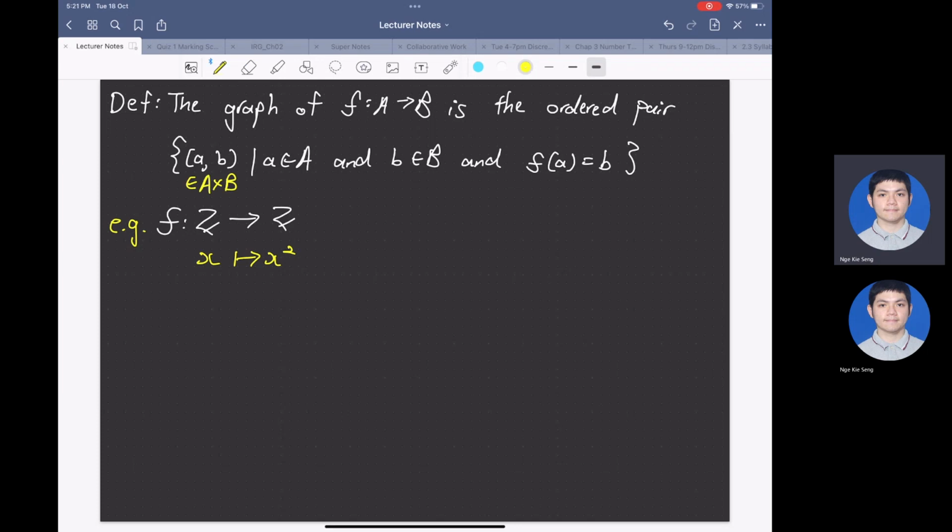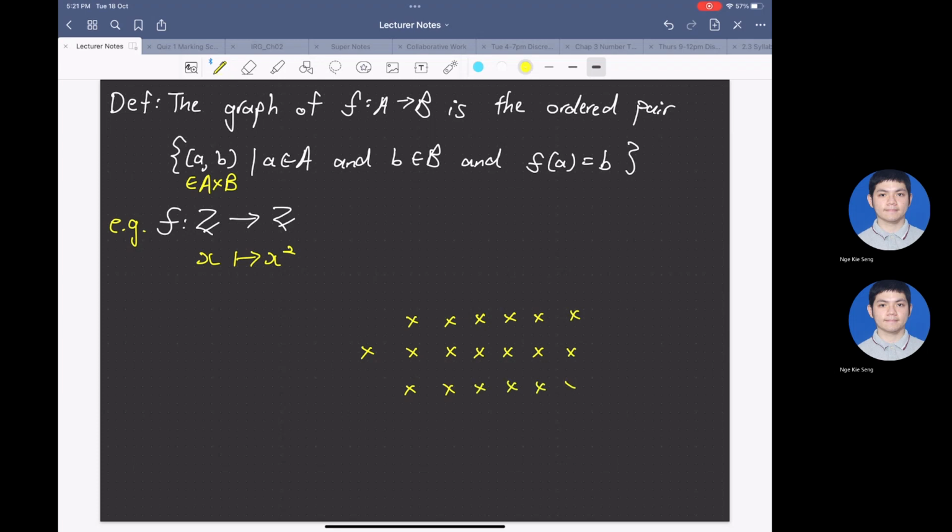So the lattice is like this, extending infinitely. So let's say here is the (0, 0) point, and then we go (1, 0) here, (0, 1) here, and then we can extend this graph here.